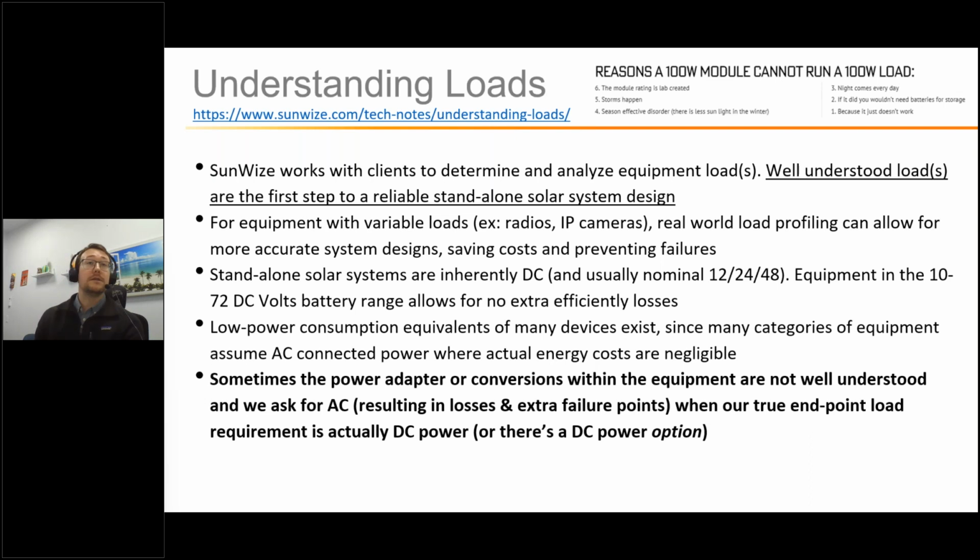Therefore, any industrial equipment that can run in this nominal 12, 24, 48 volt DC range, which is typically approximately 10 to 72 volts DC, is going to have the advantage of not having an extra point of failure with an AC inverter, as well as benefiting from not having the efficiency losses, which can range anywhere from probably 7-8% up to 15 or even close to 20%, depending on the exact inverter used.